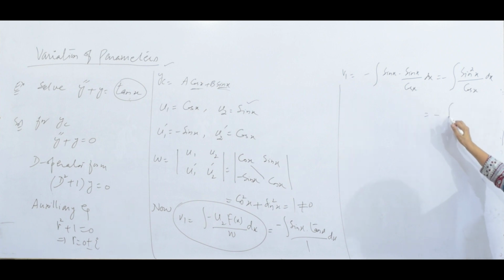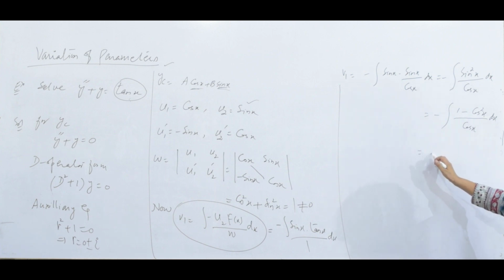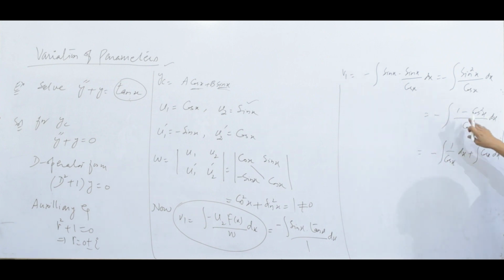Sin square x can be written 1 minus cos square x over cos x dx, which can be written minus integral 1 over cos x dx plus integral cos x dx. I multiply this and I have to divide. So this becomes secant x dx and this is cos x dx.